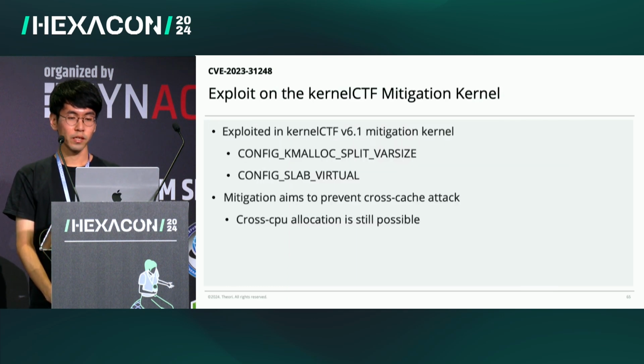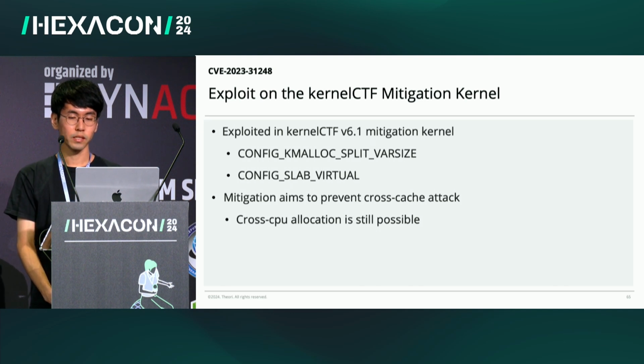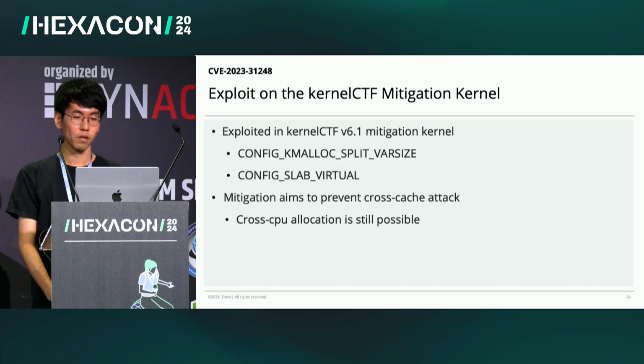This vulnerability is also exploitable in the mitigation instance of kernelCTF. The initial mitigation instance had kmalloc split by size and SLAB_VIRTUAL applied. CONFIG_SLAB_VIRTUAL is a mitigation against cross-cache attacks that reallocate freed objects from other caches.